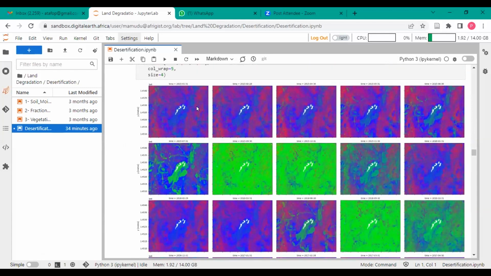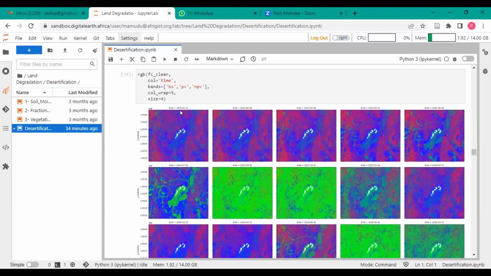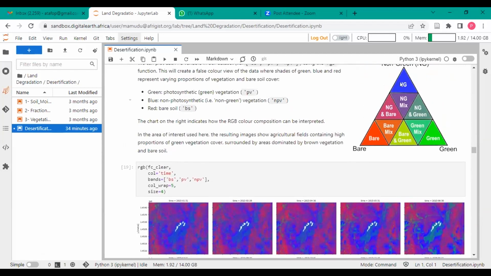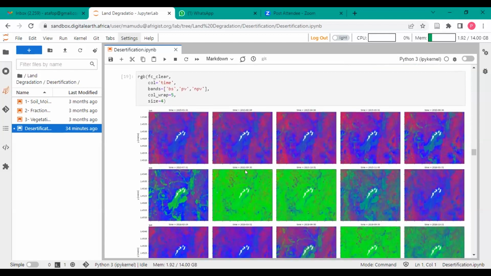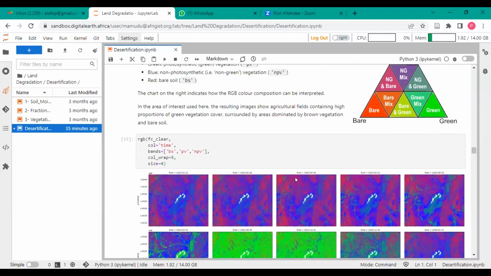So that we can see that from this period, which is about January 2015 to about July 2015, we are seeing more of non-green vegetation. If we consider that most of it is between blue and red, so we are seeing mostly non-green vegetation. However, we can see that in August or September 2015, in October 2015, we are beginning to see more of the greener vegetation.